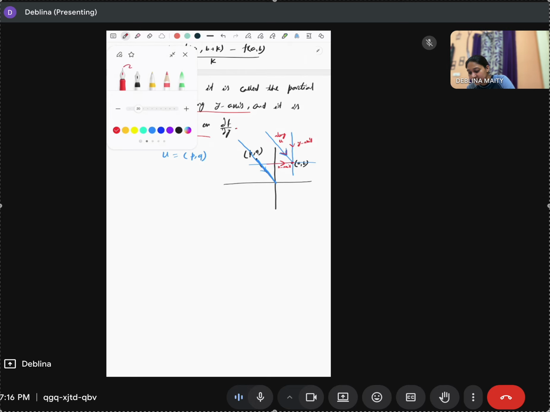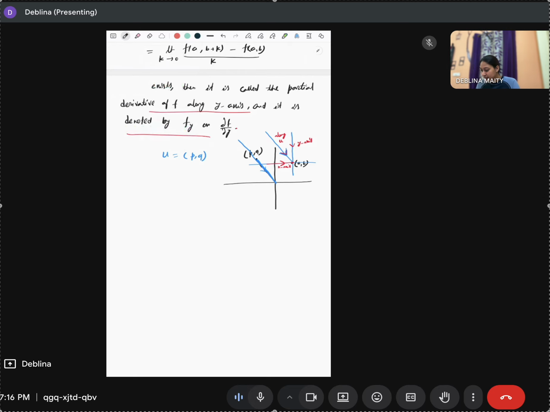So along this side, the derivative of f is what? This is the directional derivative. So this is also called the directional derivative of f.